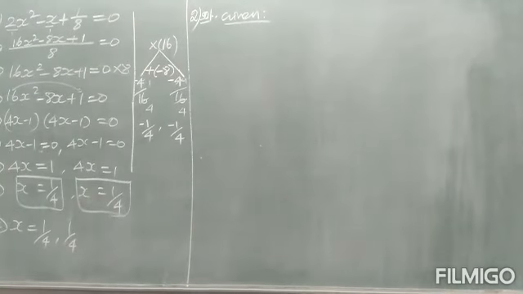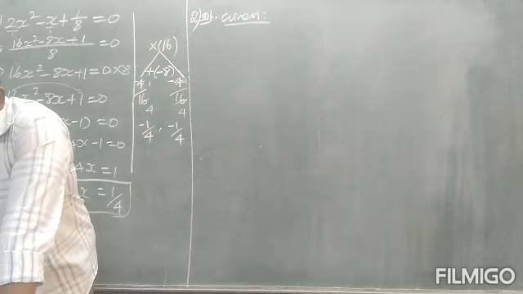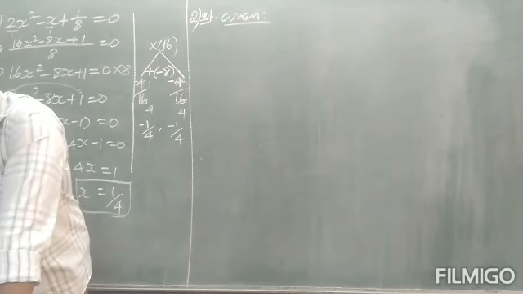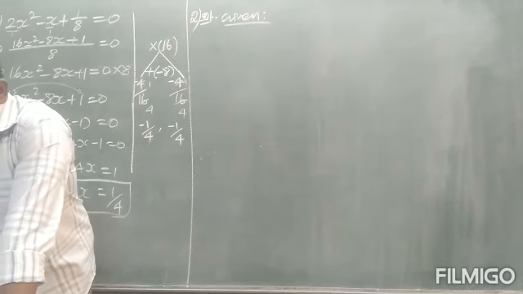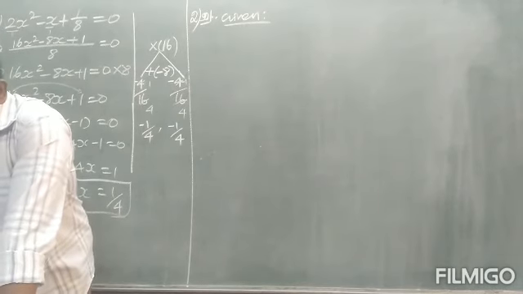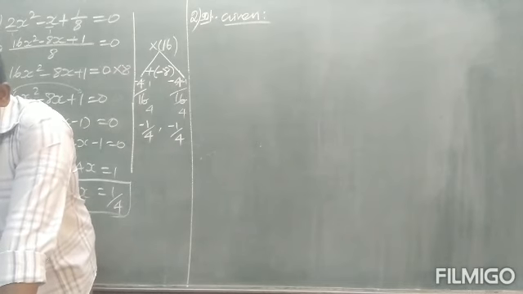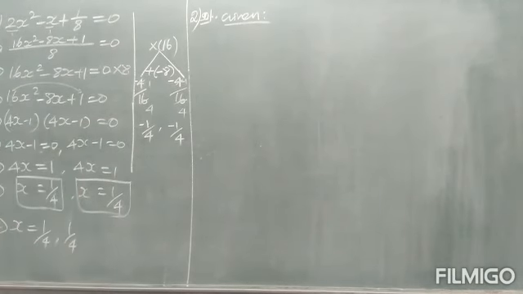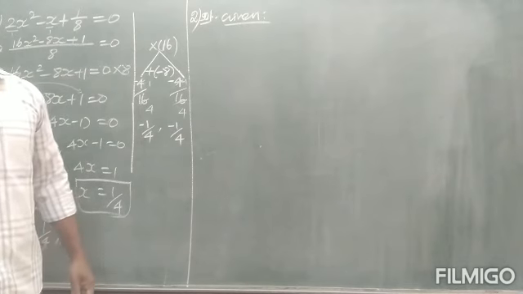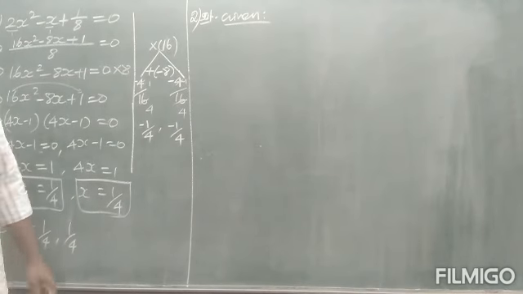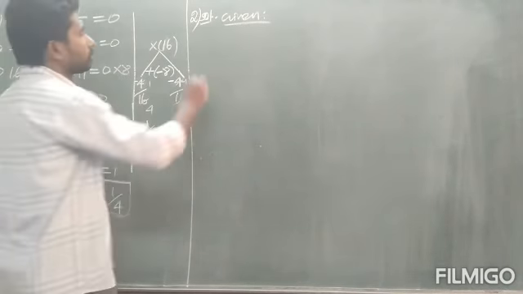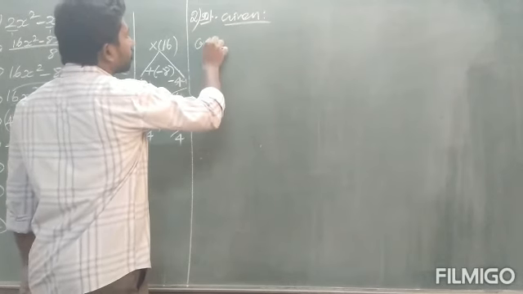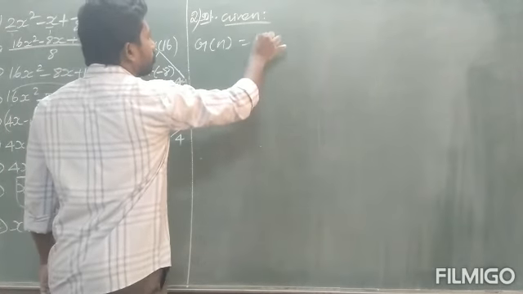So what is given in the problem? Leak. They have given the number of leaks as a function. So we have to find the number of teams in the league. So first, given g of n is equal to 50.